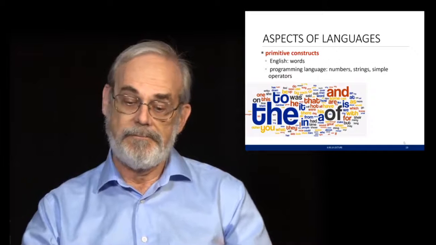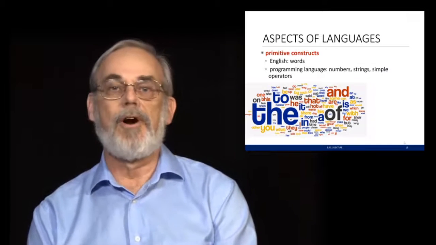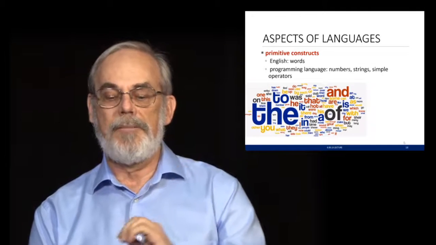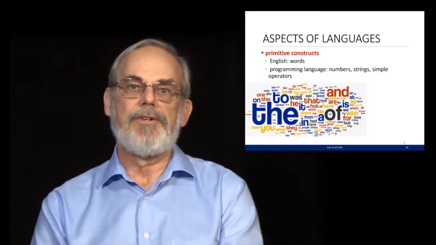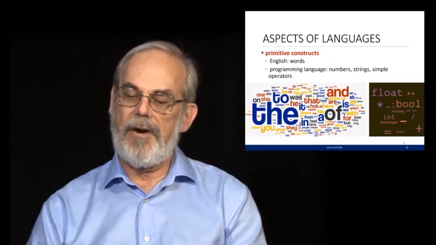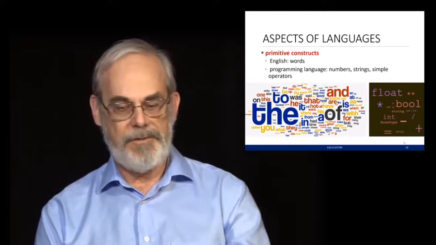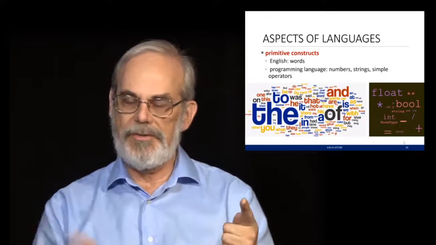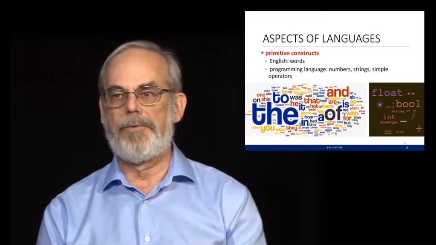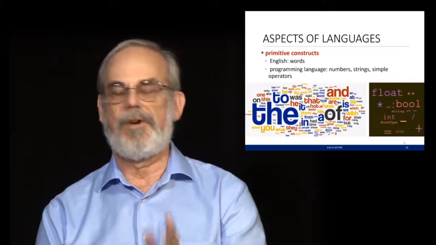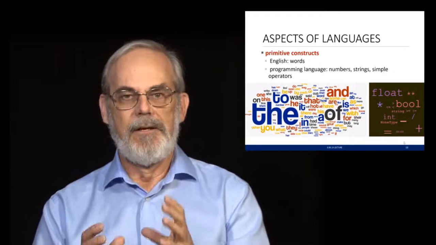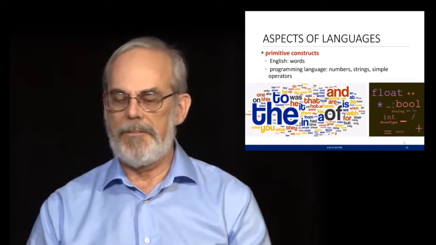They're words, lots of them, some of them more common than others. In a programming language, we also have primitive constructs. These are the atoms on which we're going to build things. And in a programming language, those are typically numbers, strings, or just sequences of characters, and simple operations, the things that were provided to us by the manufacturer. Addition, subtraction, comparison.